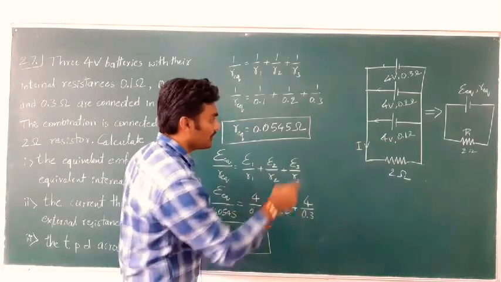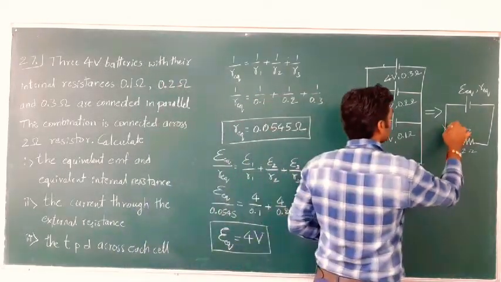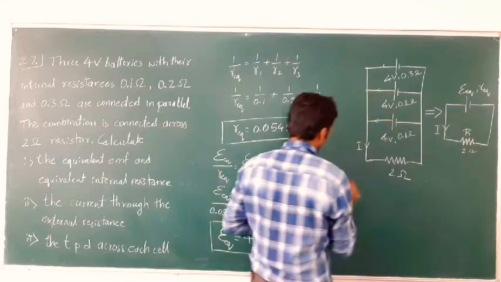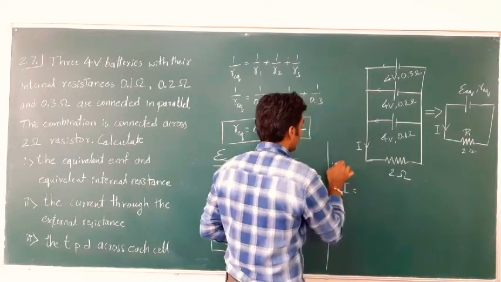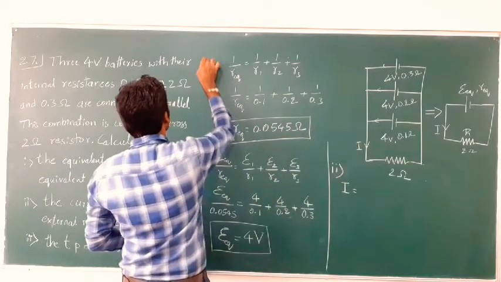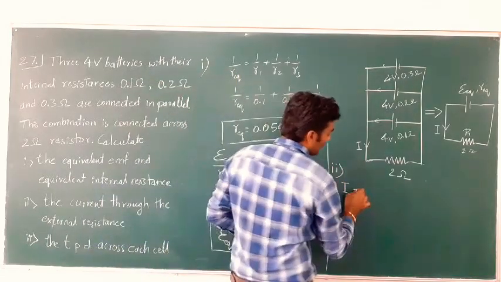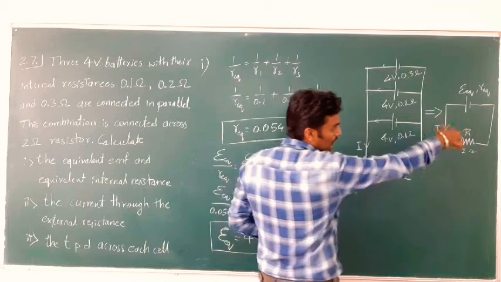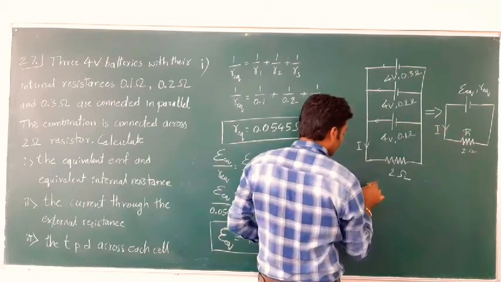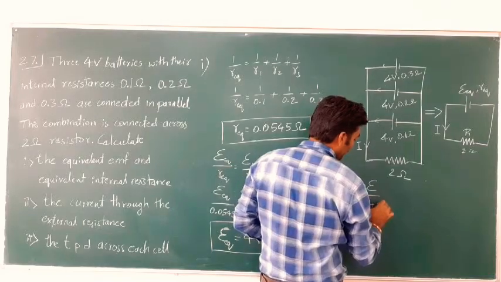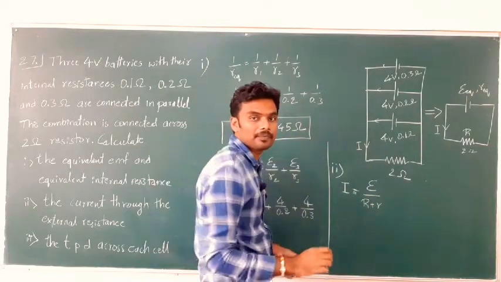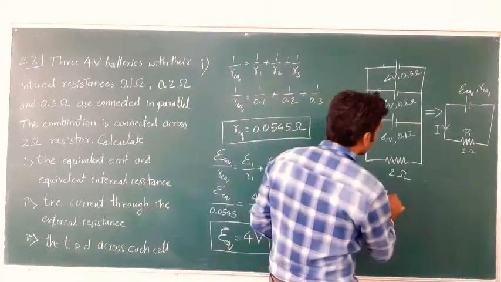And now what we need is current in the circuit, right? Very simple. We know that the current I is equal to, okay, this is the second sub question which I am answering now, and this is first. Current in the circuit is I equal to E by R plus r, right? And what is E equal to?